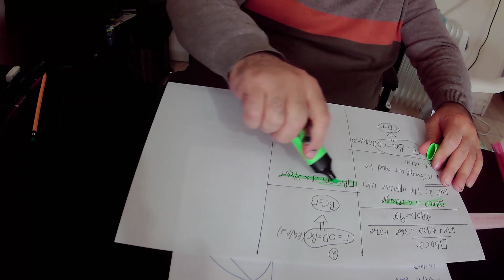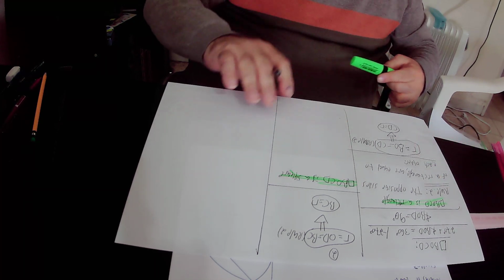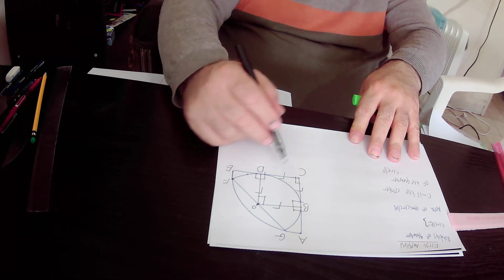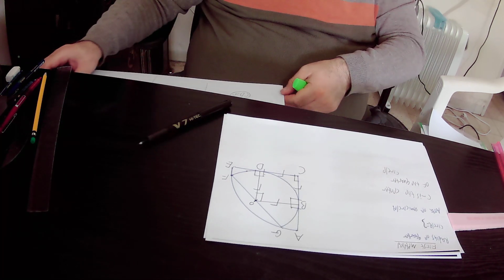In the next step, we will join points O and C together by a straight line.